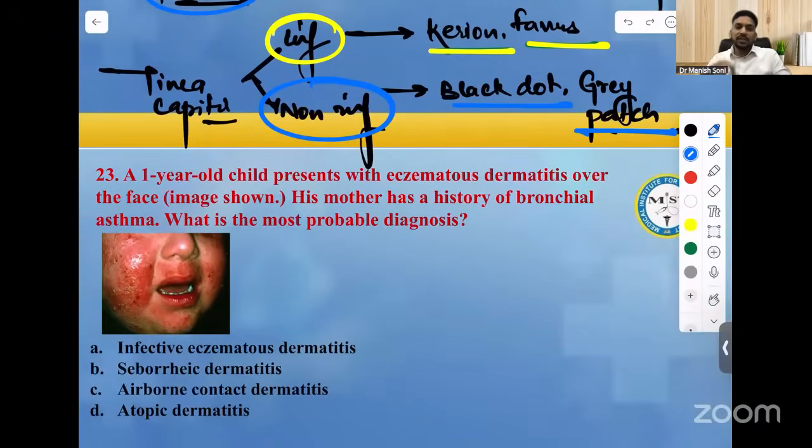In the next question, they are saying a 1-year-old child presents with eczematous dermatitis over the face as shown in the image. His mother has a history of bronchial asthma. So there is a family history of bronchial asthma and the patient is having dermatitis. Which dermatitis is this? Eczematous dermatitis, seborrheic dermatitis, airborne contact dermatitis, or atopic dermatitis?